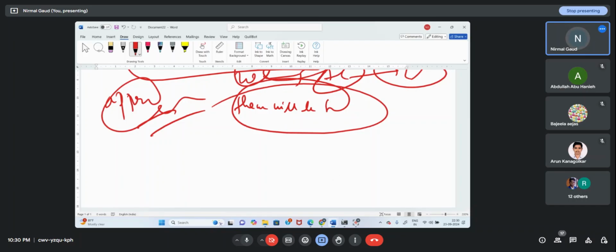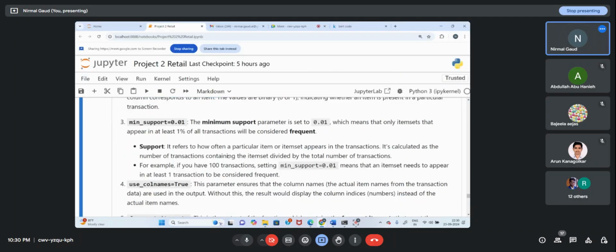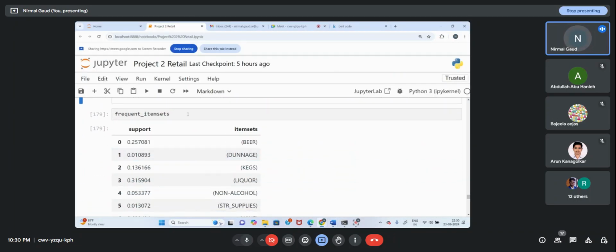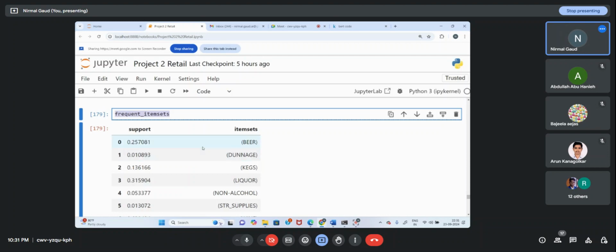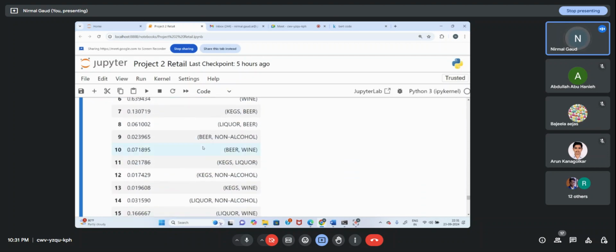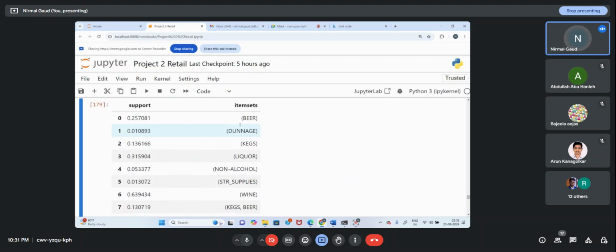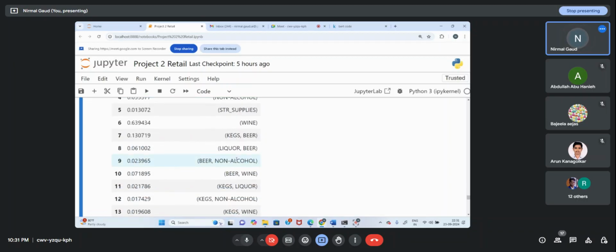So I applied apriori, and these are the frequent item sets I got: beer, sandwich, cakes, liquor, and all these things. Then I got some combinations also, like cakes and beer.